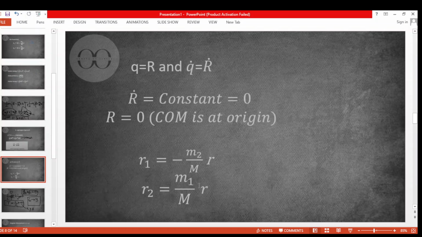After solving the Euler-Lagrange equation, we found that R dot equals a constant, and we chose the constant as 0, and thus the position vector of center of mass becomes 0. That means the center of mass is at our origin, and we substituted the value of capital R in our previous vector relations with r1 and r2 with center of mass, and we found these two equations.